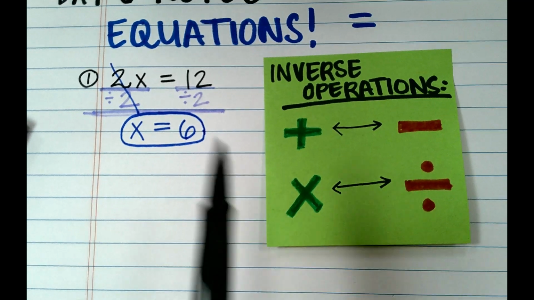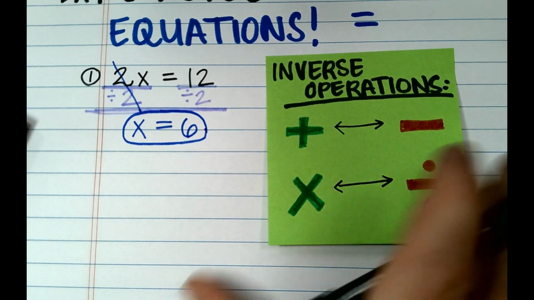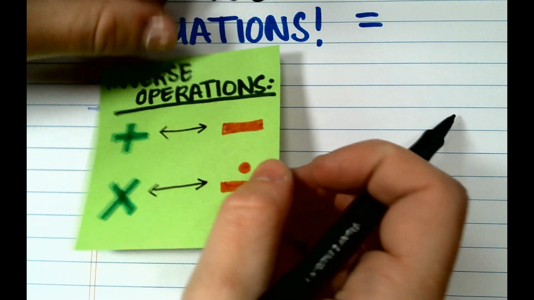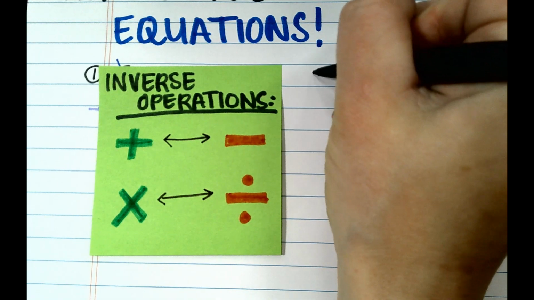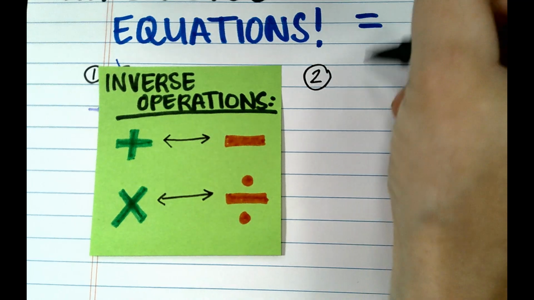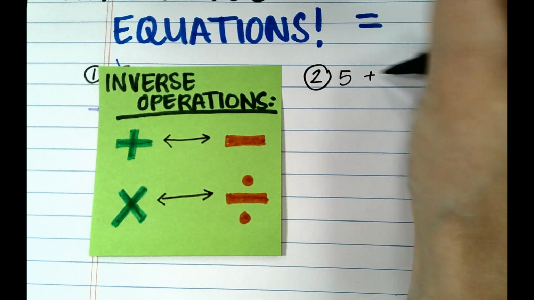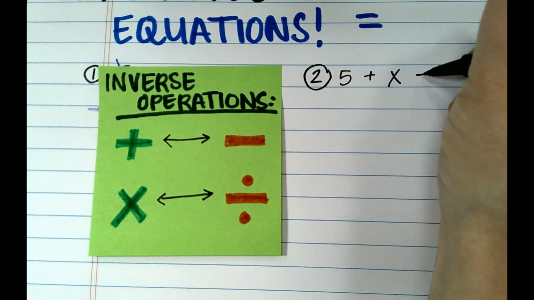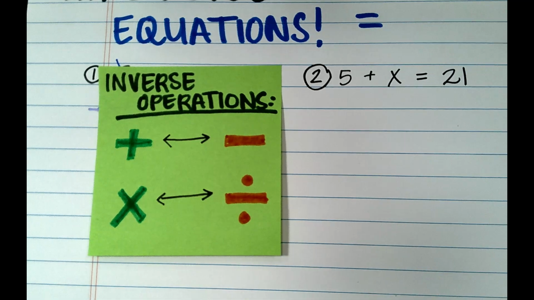So now I'm going to rewrite number 2 from the do now. Number 2 was 5 plus x equals 21.